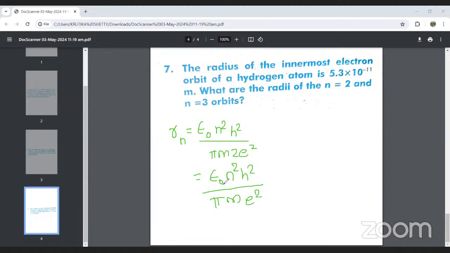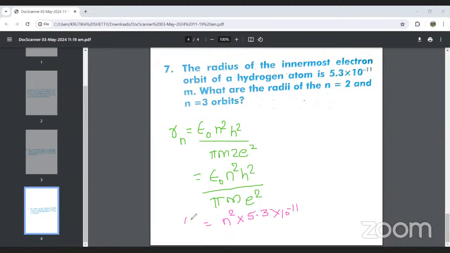So the formula becomes epsilon naught n square h square upon pi m e square. Except n, everything here is constant, so we have substituted and calculated the values. Keep n square as it is, the rest is all constant, and its value is 5.3 into 10 to the power of minus 11.